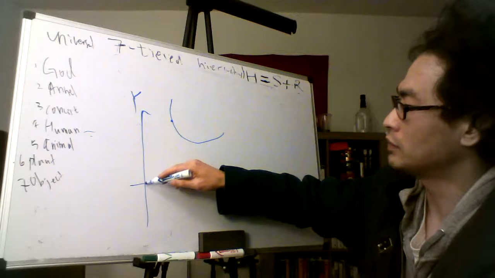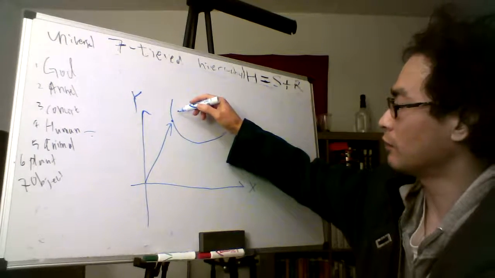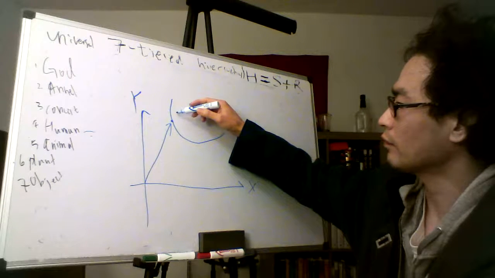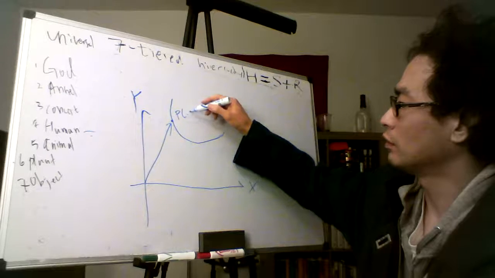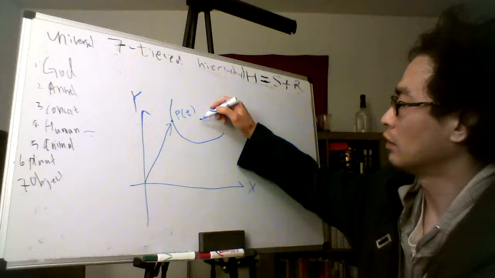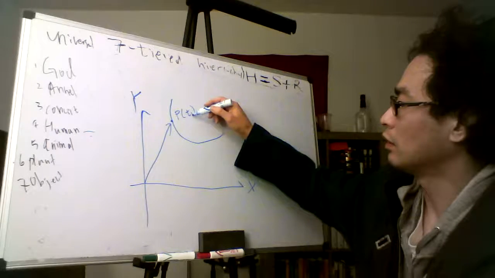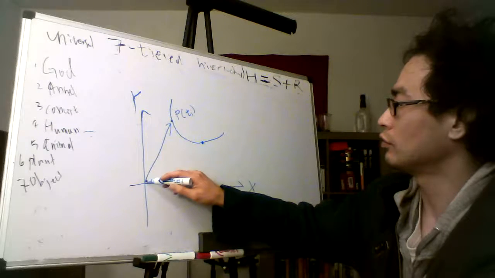So your position vector is at time one, your position vector, time one. In the next second, you are here.